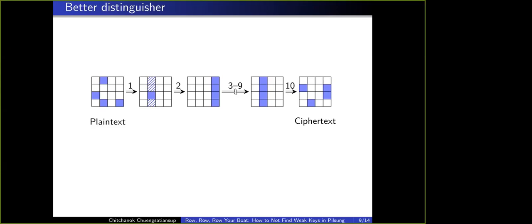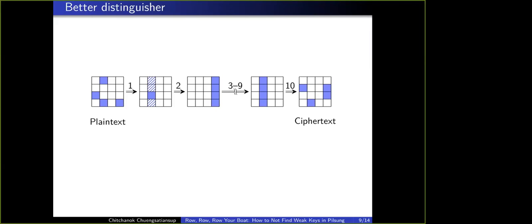And from round 2, shift row will move that byte around and mix column will propagate the differences to the entire column. And now we can consider a shift row that preserves columns from round 3 to round 9. So by the end of round 9, we will have two ciphertexts that differ at 4 bytes. And because in round 10, shift row will shift those 4 bytes around with no mix column, the differences remain at 4 different bytes. We can have this distinguisher with the requirement of preserving only from round 3 to round 9.